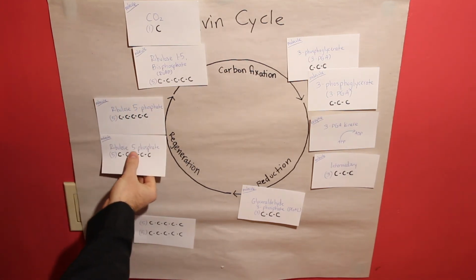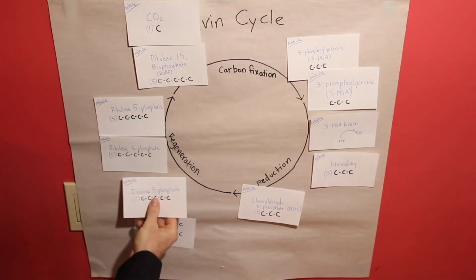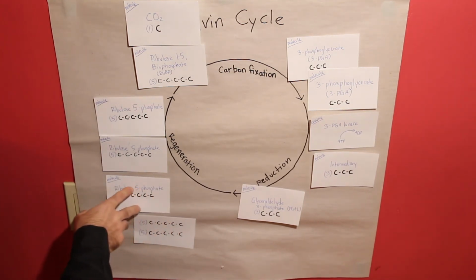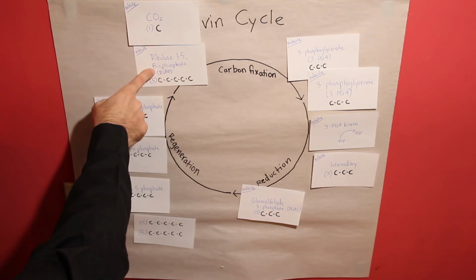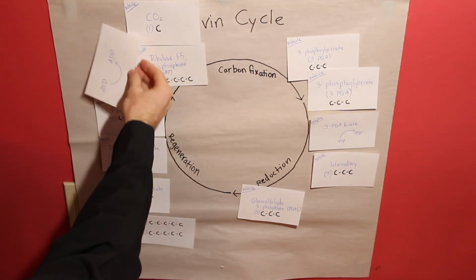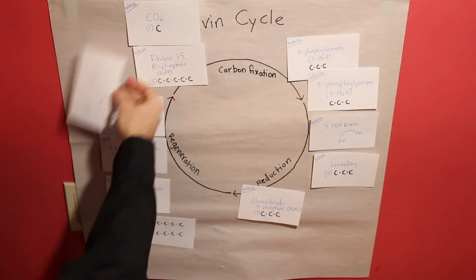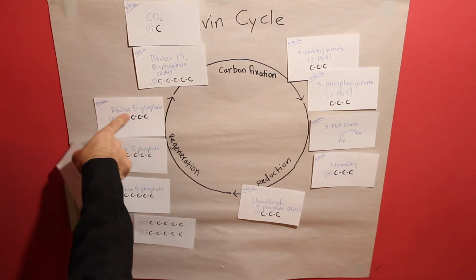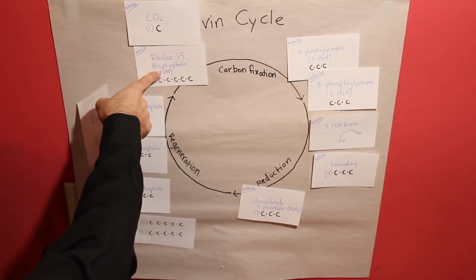So at this point, we have 3 ribulose 5-phosphate molecules, and to get these to RUBP here, another ATP is used per each of these 3 molecules to phosphorylate ribulose 5-phosphate into RUBP.